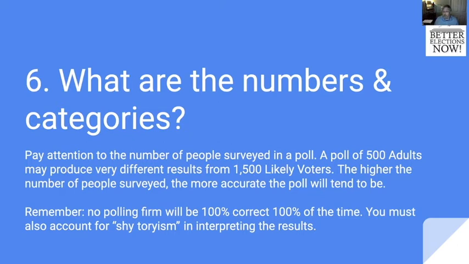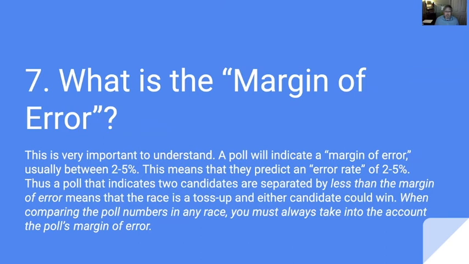No polling firm is ever going to be 100% correct on all the polls it takes. There is what's called the margin of error, which I will explain in just a moment. A margin of error indicates that the polling firm is saying we could be off by this percentage. Might be 1%, might be 6%. It's usually somewhere between 2 and 4%.